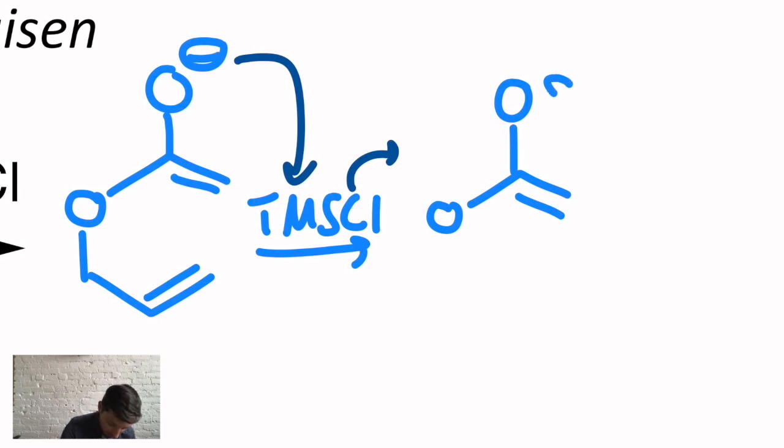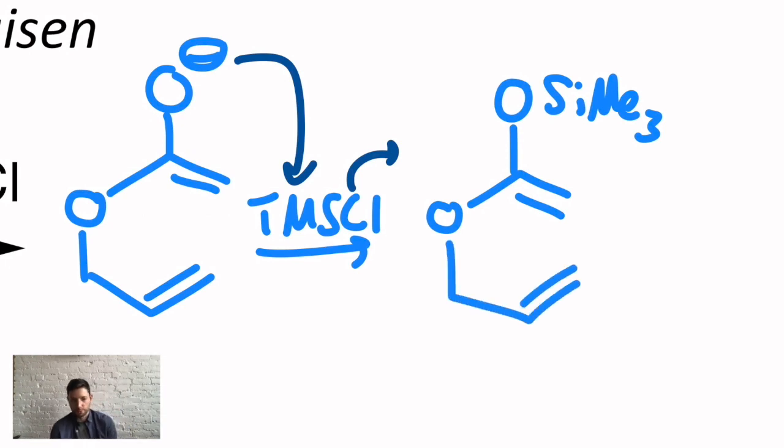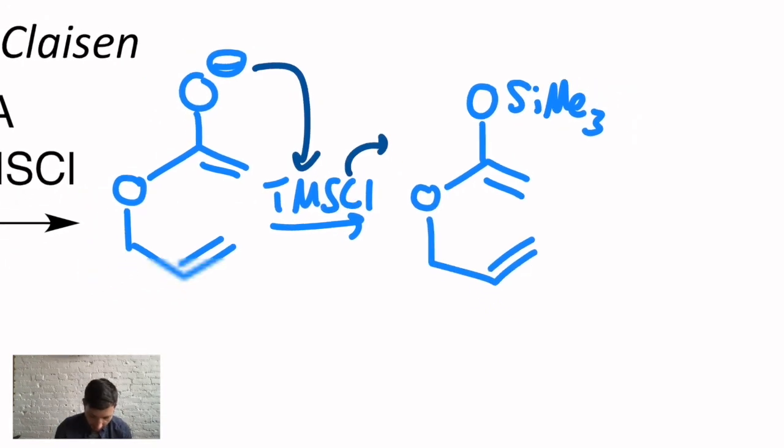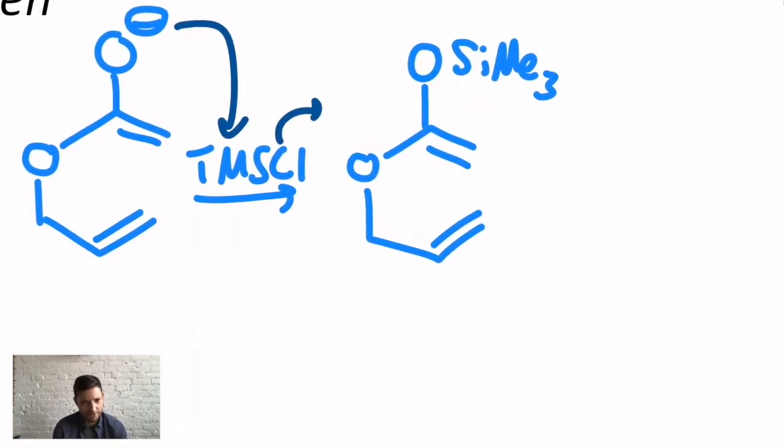TMS stands for trimethylsilyl. So it's SiMe3. It's a silicon protecting group. The oxygen-silicon bond is reversibly formed in many organic syntheses. You can form that bond and you can fairly easily break it apart, unlike carbon ethers, which are very stable. Silicon ethers are formable and you can actually reverse them.